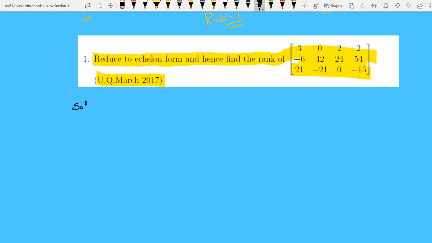So we will write the matrix. I am calling that matrix A. A is equal to 3, 0, 2, 2, minus 6, 42, 24, 54, 21, minus 21, 0, minus 50.